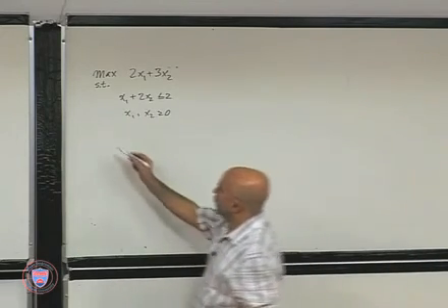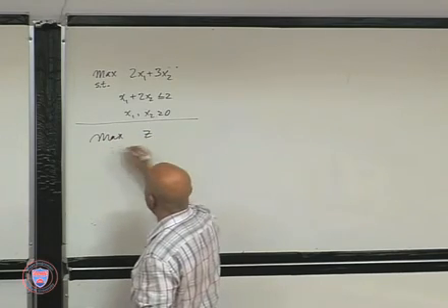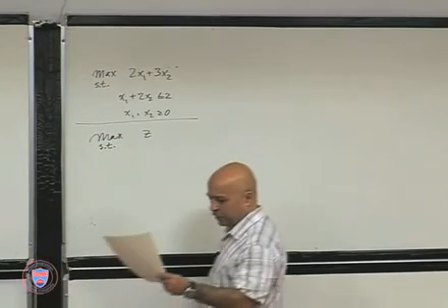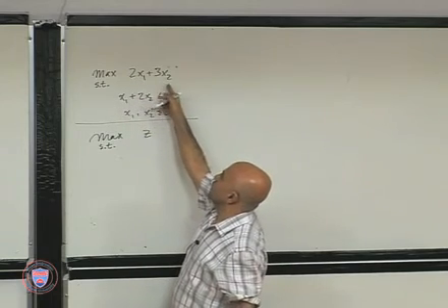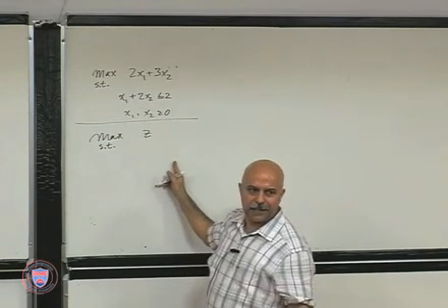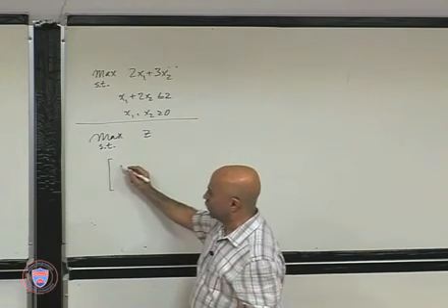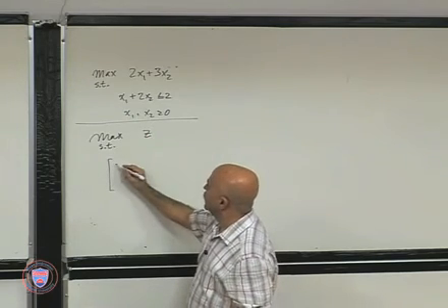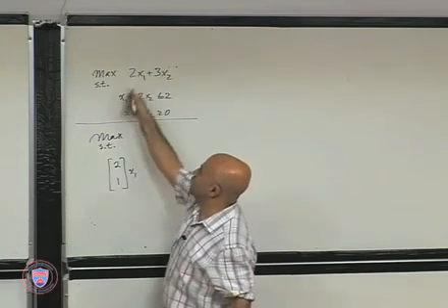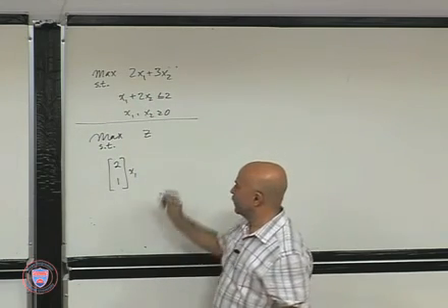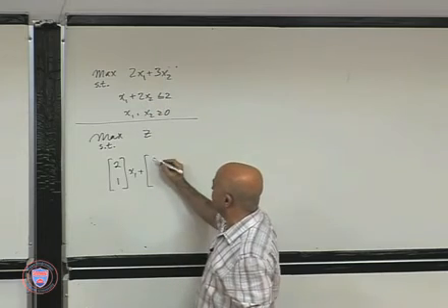So the way we want to interpret this problem is to maximize z subject to 2x1 plus 3x2 equals z on the right, which gives you the following vector equation. 2 and 1 for x1, 2 and 1. Okay? Plus. The second column will be 3 and 2.